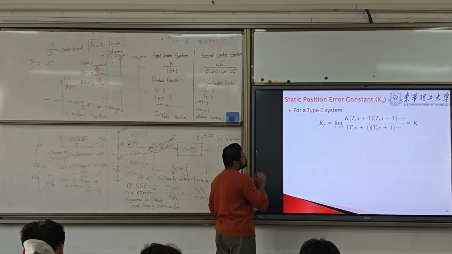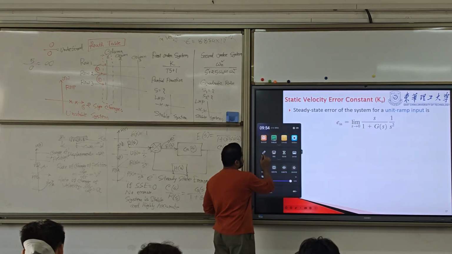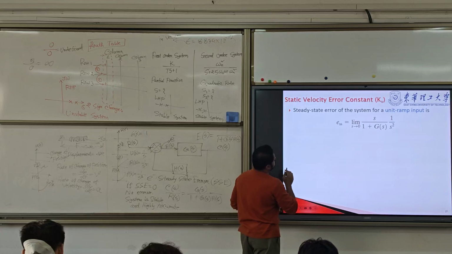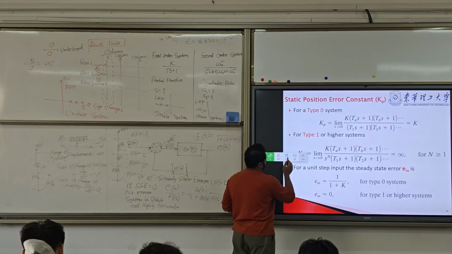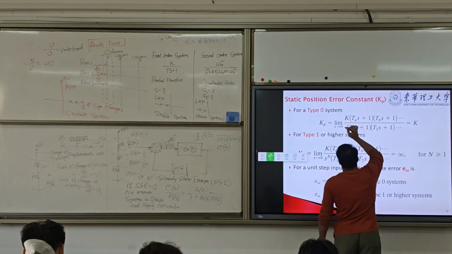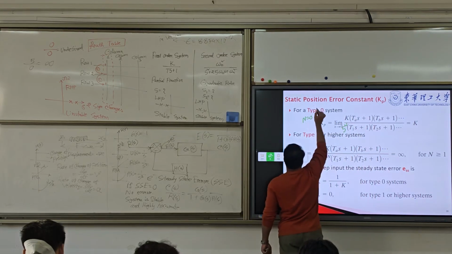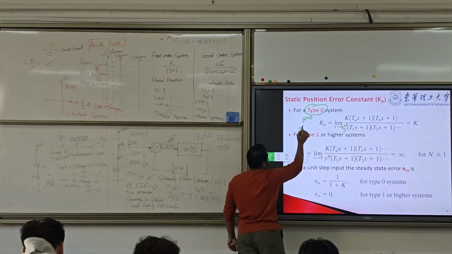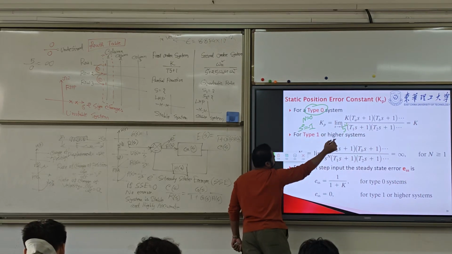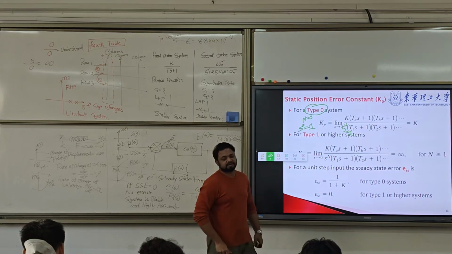So for type 0, n equal to 0. This is S power n. Here n equal to 0 for type 0. So S power 0 is equal to 1. That's why it is not written here.